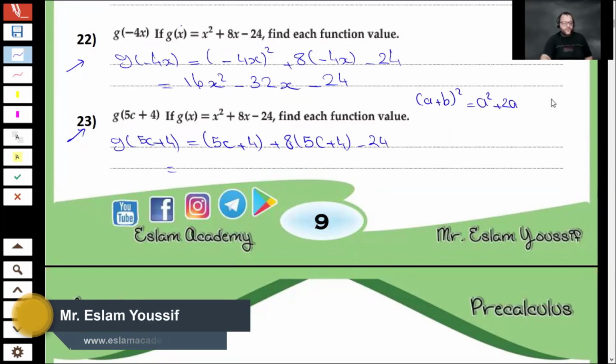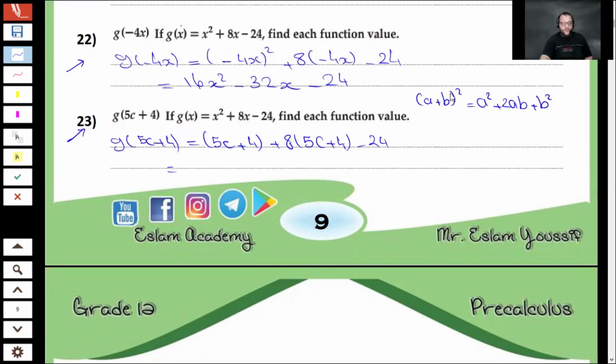The first to the power 2, the first times the second times 2, and the second to the power 2. So it will be 25c squared plus 40c plus 16, plus 40c plus 32 minus 24. So the simplest form will be 25c squared plus 80c plus 24.